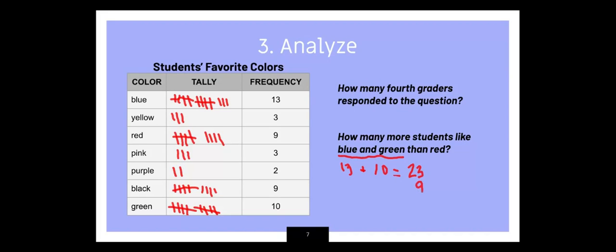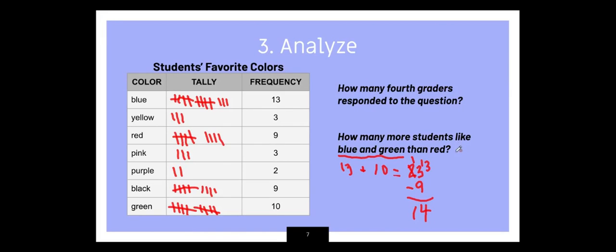And if I want to know how many more 23 is than 9, then I've got to subtract, right? So if I do my subtraction, well, I know I can't take 9 away from 3, so I've got to regroup. Now I have 13 over here. So 13 minus 9 is 4, and 1 minus 0 is 1.